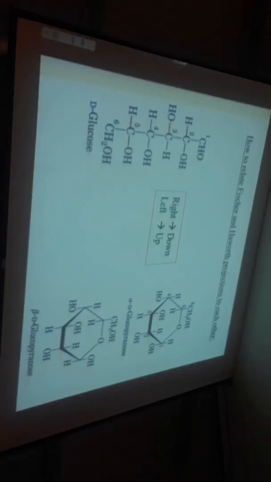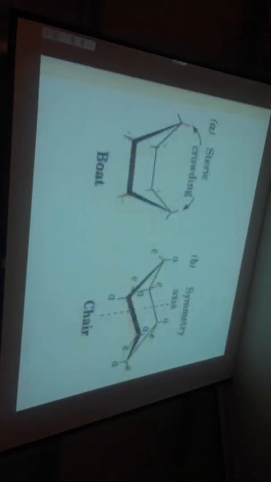By convention we represent the D sugars in such a way, or any sugar actually, that the oxygen that participates in the formation of the ring is in the upper right corner, and if we're dealing with a D sugar, the hydroxymethyl group points upwards in this ring structure. So remember that. We'll see this again in a moment.